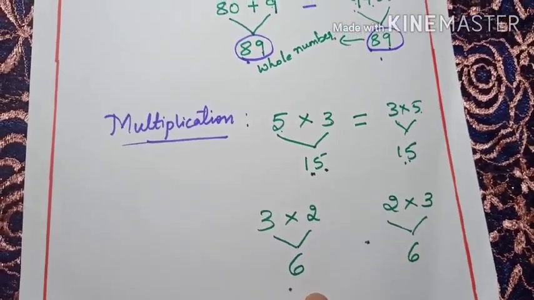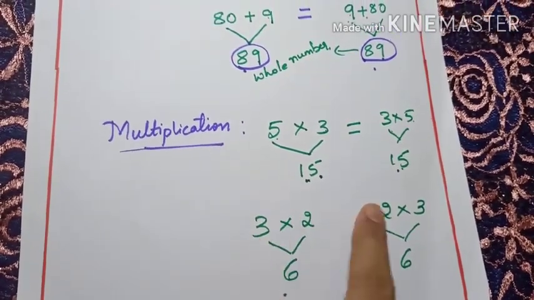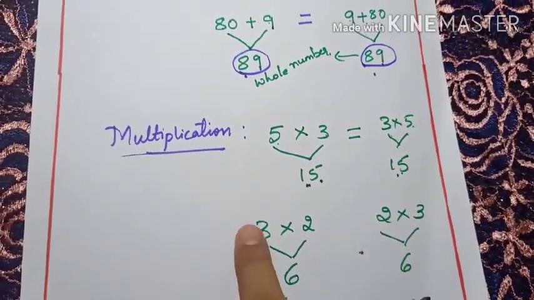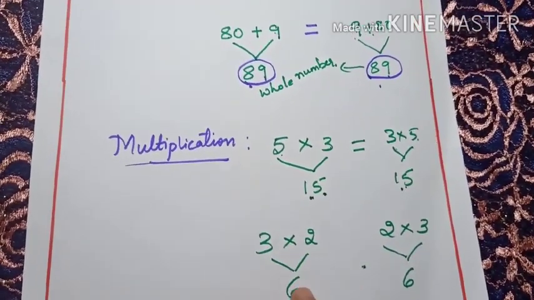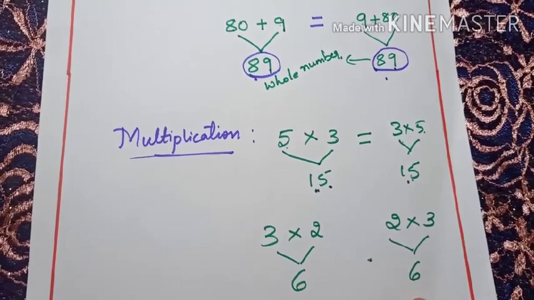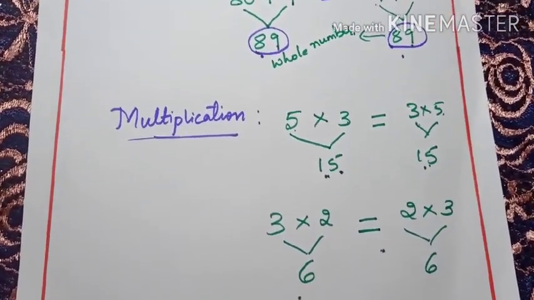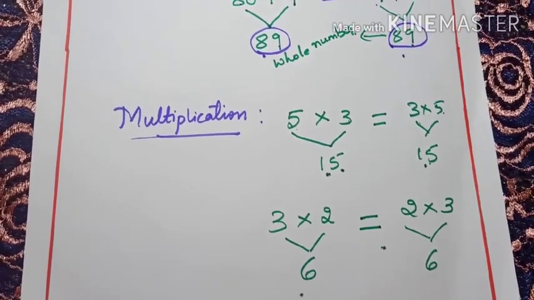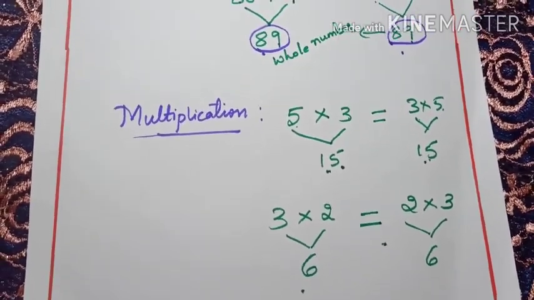Products are the same even though you have changed the order of the numbers, that is multiplicand and multiplier, you have changed the positions, then also you have got the same answer. So both are equal. It means it satisfies the commutative property under multiplication. Fine.